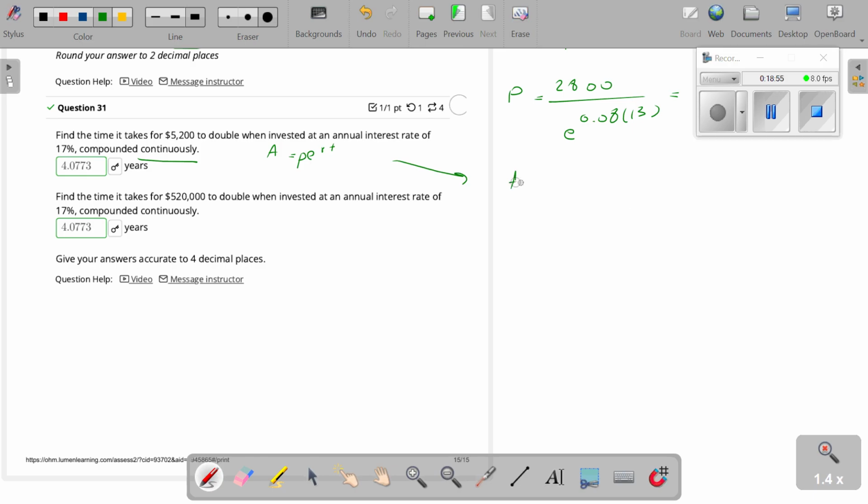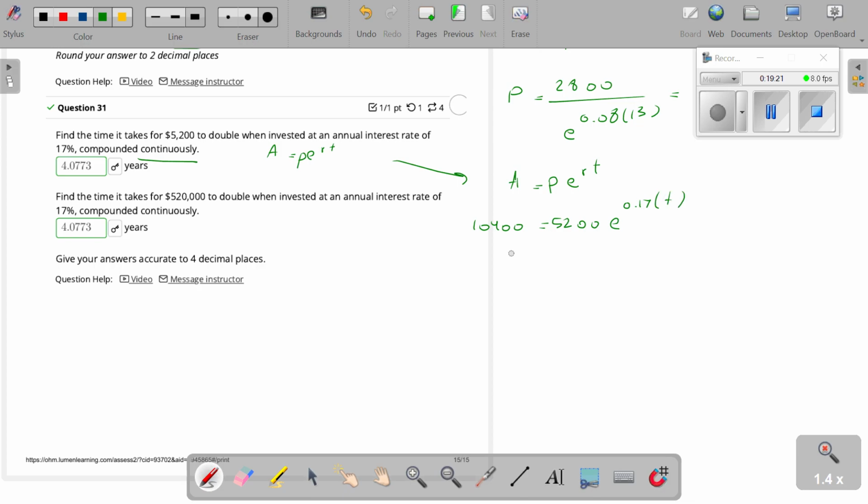It needs to be doubled, so this times 2 will be 10,400. r is 17%, so I write 0.17, and time is what we're looking for.